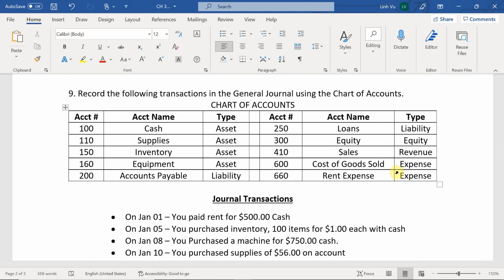So let's take a look. Step 1 in the transaction analysis: I recognize that a transaction has happened, right? Maybe I paid rent for the building that I'm going to be having my store in, so it does affect my business. Now, let's take a look at step 4. What accounts am I going to be using?